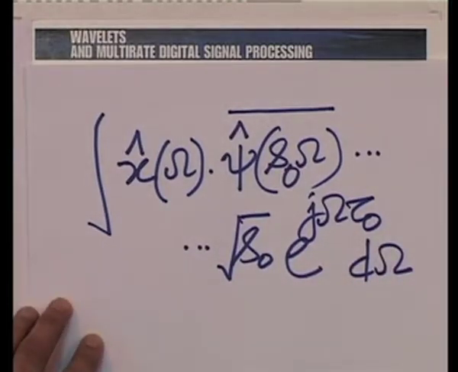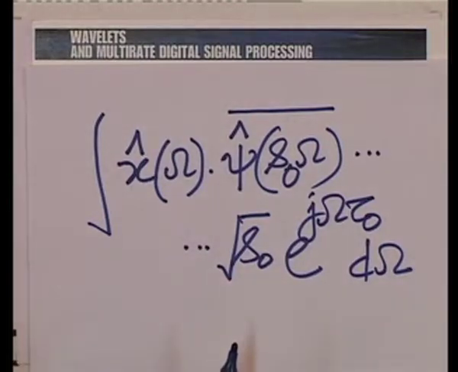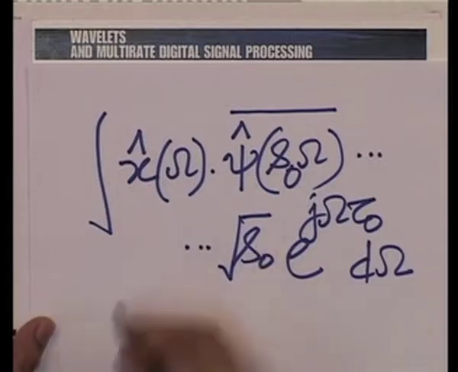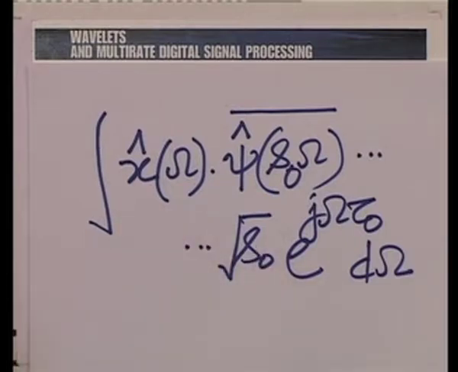This is what the CWT was, and we had also interpreted this yesterday. We had given it a very interesting interpretation based on a filtering operation. We shall be using that interpretation later, but for the moment let us substitute this in the expression of reconstruction.